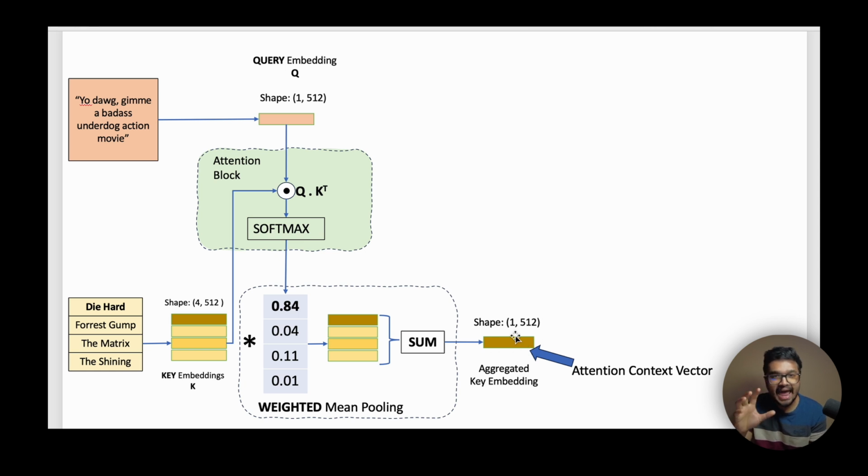That will be an aggregated key embedding. Given this query, you have aggregated all of the embeddings of your movie database and generated a new embedding that has heavy bias on Die Hard because the query said that it needed a badass action movie. So this attention context vector has heavy influence from Die Hard.